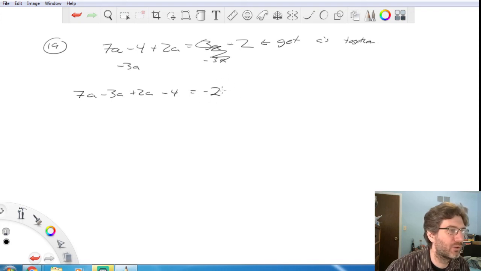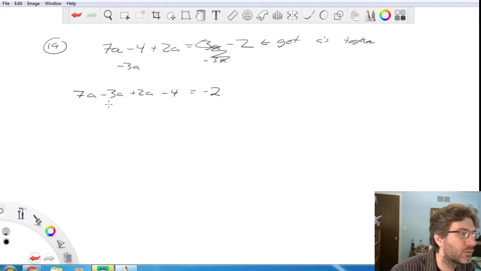Keep it a -2. This is a -4. Keep it a -4. This will be a -3a. Keep it a -3a. Then we have a 7 minus 3 plus 2. 7 minus 3 is 4 plus 2 gives you 6a. So we have a 6a minus 4 equals -2.